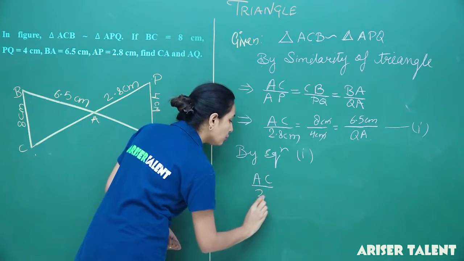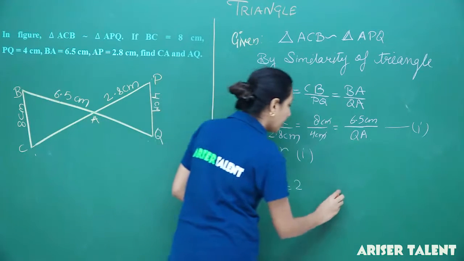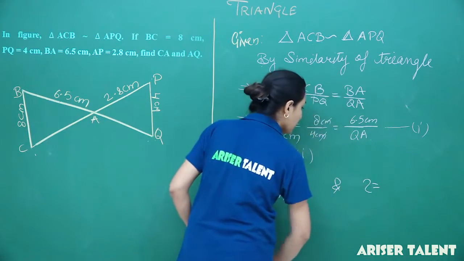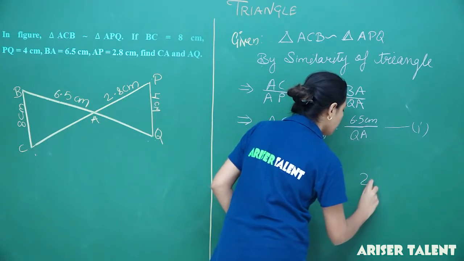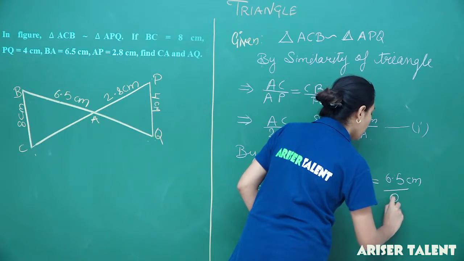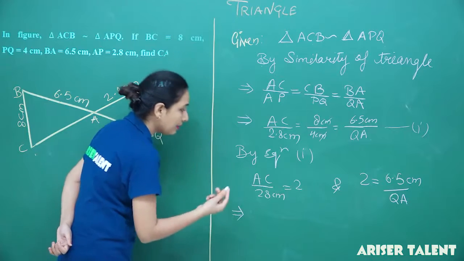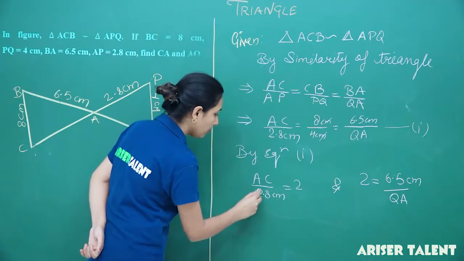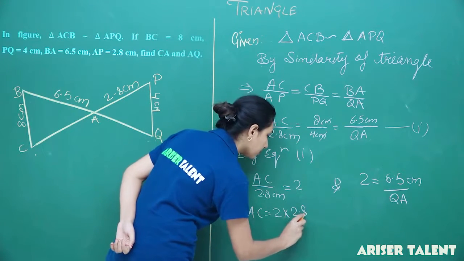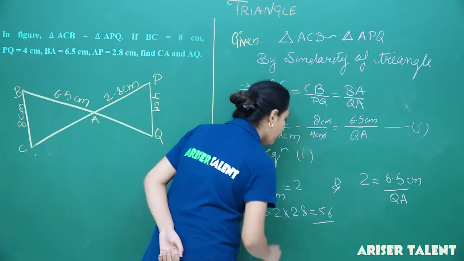AC by 2.8 centimeters equals to 2, and again 2 equals to 6.5 centimeter by QA. So by these two equations, can you really tell me now what's the value? Value of AC will become 2 multiplied by 2.8. Now you will get 5.6 here.